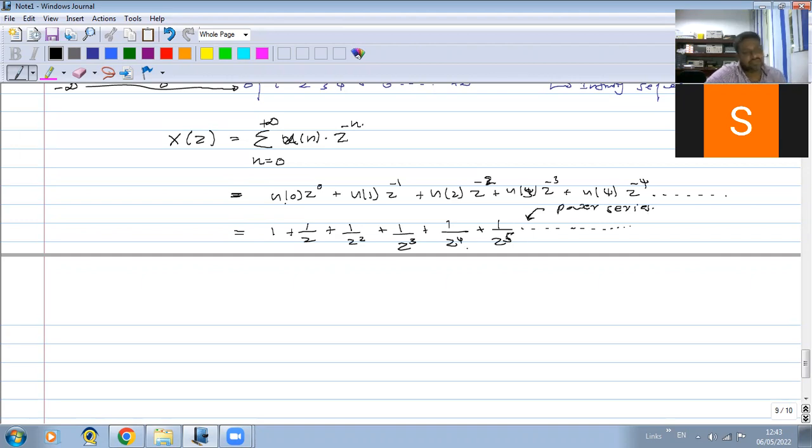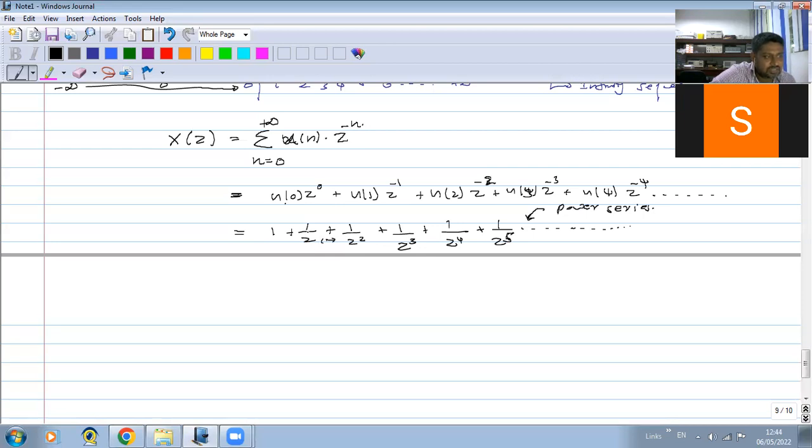I think this is also called a geometric power series, but I am not sure, because I am not good at these series things. As I can remember, this kind of power series we call a geometric power series, because here we have a constant ratio between two terms.